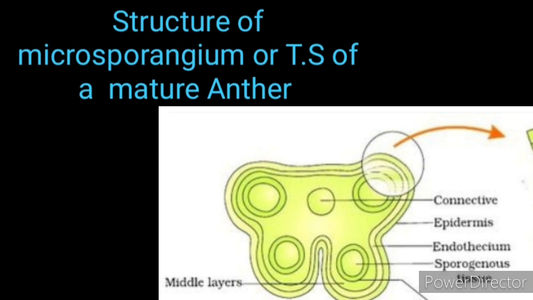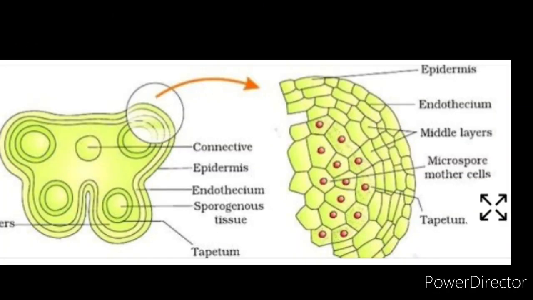In a transverse section (TS), a typical microsporangium appears near circular in outline. Each microsporangium has a sporogenous tissue surrounded by an anther wall made up of 4 wall layers.